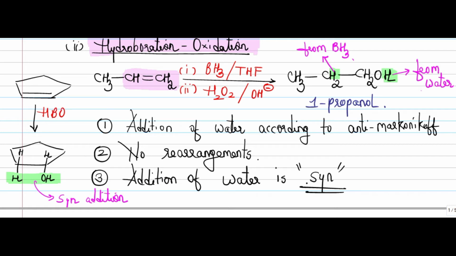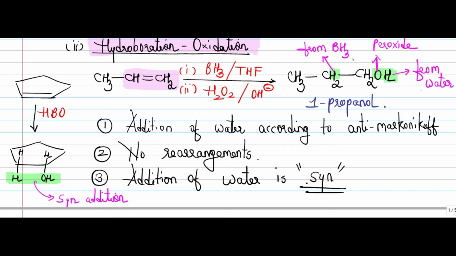So you need to remember, one H comes from BH3, the other H comes from water. Oxygen obviously is the one which comes from peroxide.